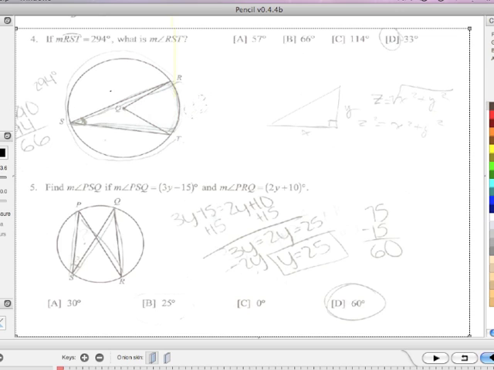So we have the measure of arc RST. RST is 294. So that leaves 66 for RT.